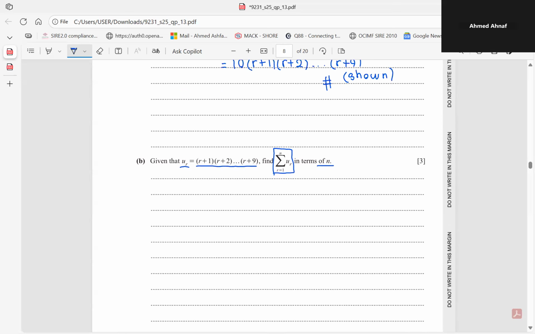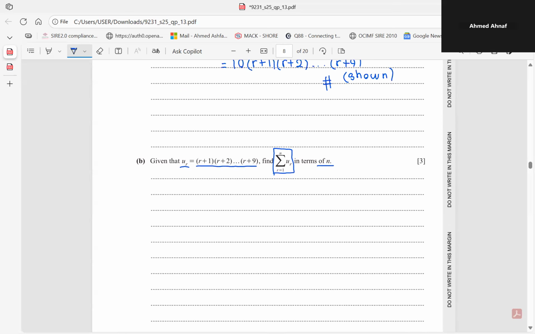So we can write that UR is just 1 over 10 of WR plus 1 minus WR. Okay, and now we can substitute that into the summation formula: 1 over 10 times WR plus 1 minus WR.